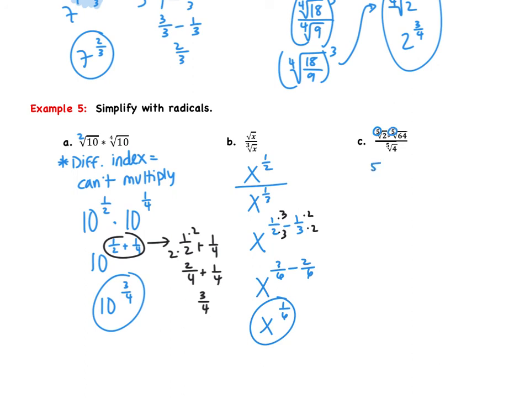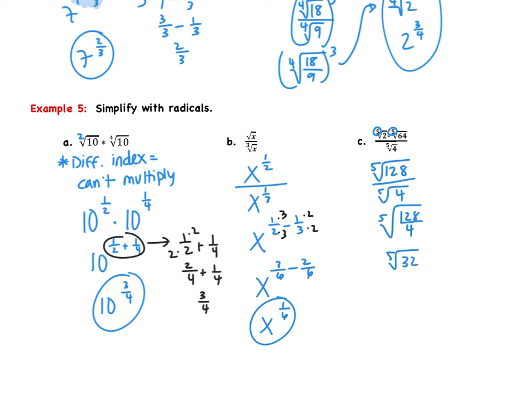So in the numerator, I'm going to get the fifth root of 128. Denominator, I have the fifth root of 4. Can I divide those? Well, yes, I can. They have the same index, so I can put them underneath the same root. So then I end up with the fifth root of 32.